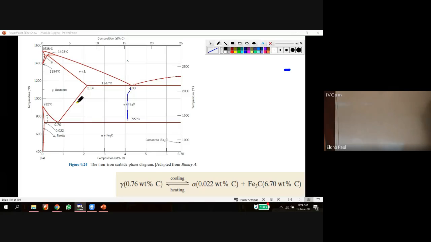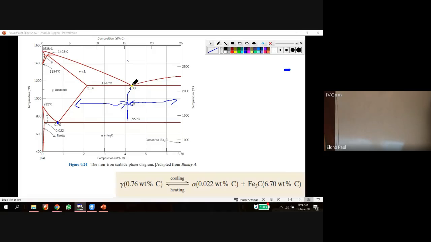4.30. To the left of this eutectic composition is called hypoeutectic composition. To the right of this composition is called hypereutectic composition. So this is the eutectic point, and this one is the eutectoid point.